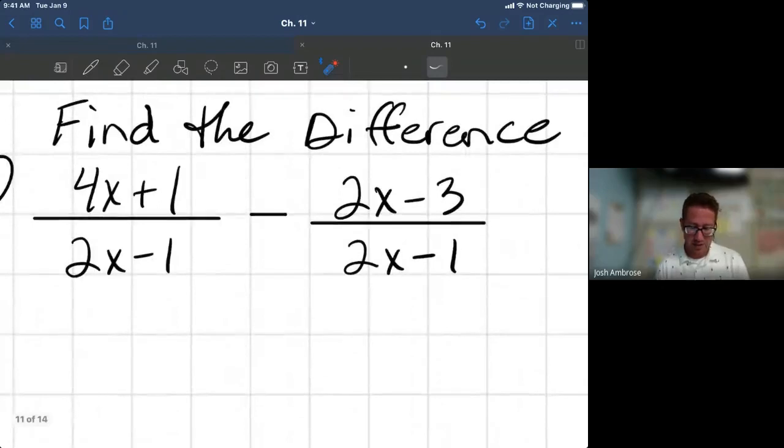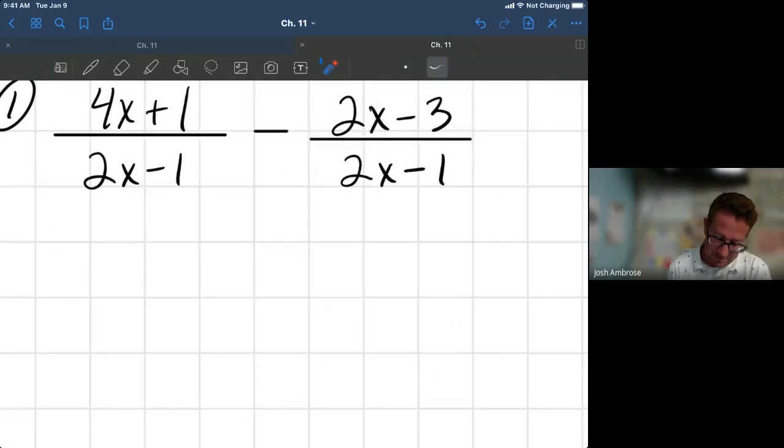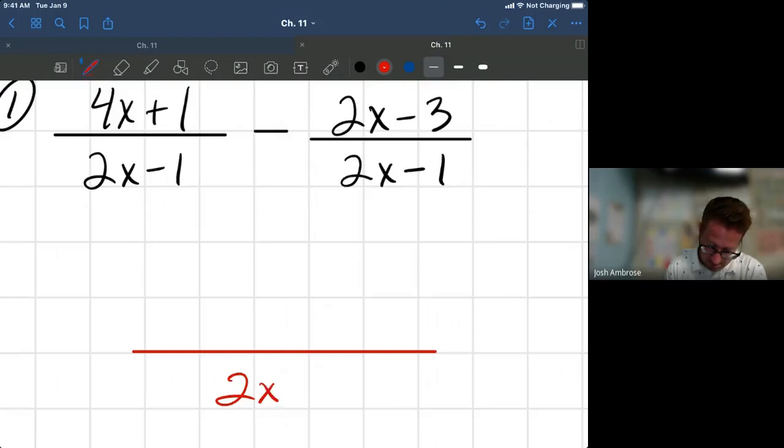All right, this one right here. Let's find the difference, meaning subtraction. And we have common denominators already. So we already possess common denominators, which means my denominator in my answer, we already know what that's going to be. That's going to be 2x minus 1. Okay, they're already common.